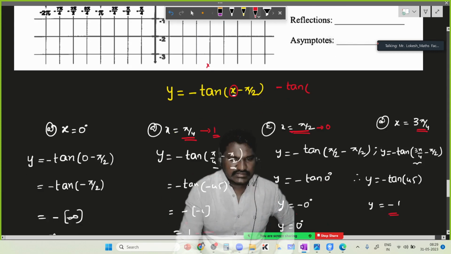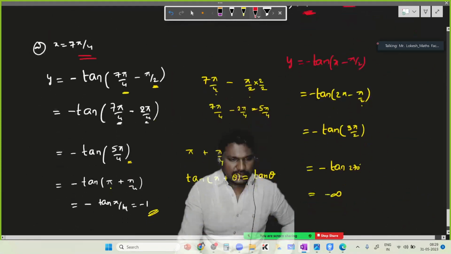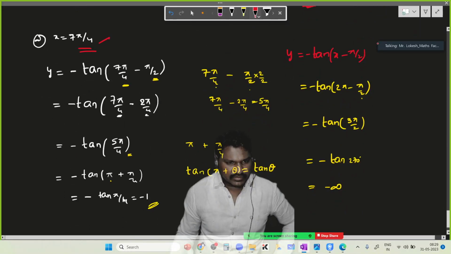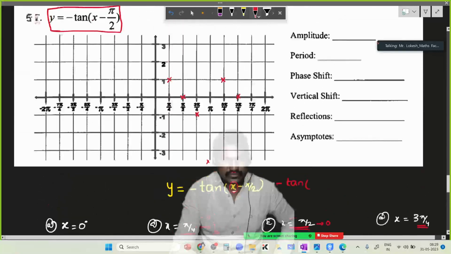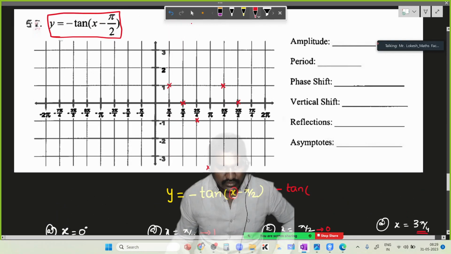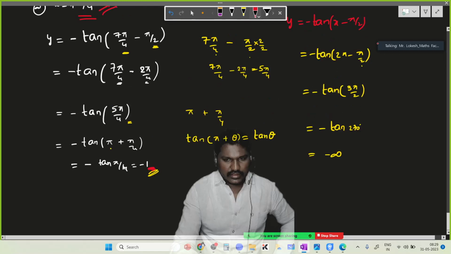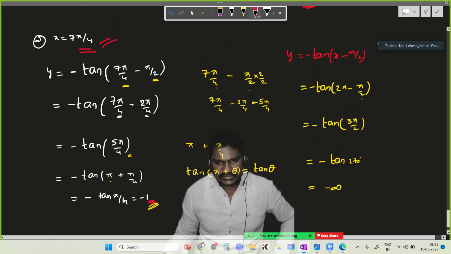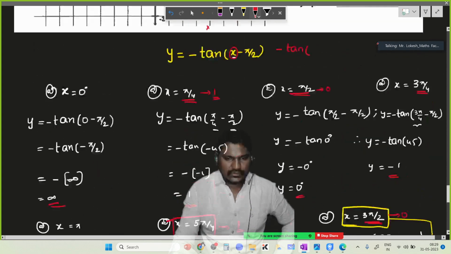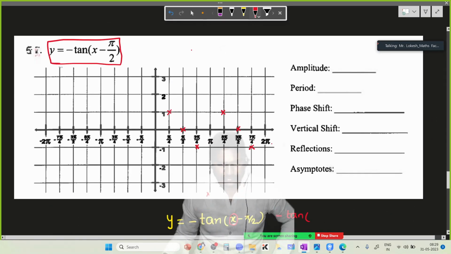Again at x equals 7 pi by 4, if you check, the value is minus 1. And at x equals 2 pi, again the value is negative infinity. So it will extend again here.